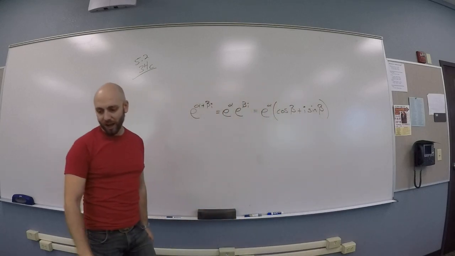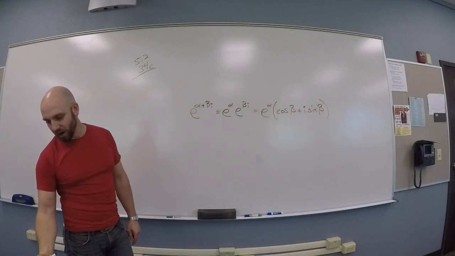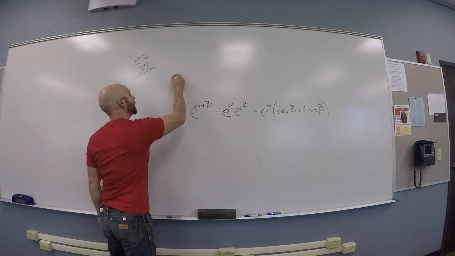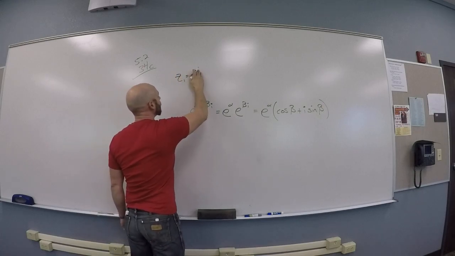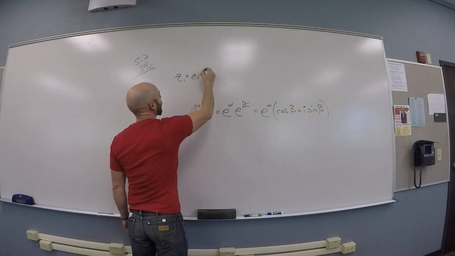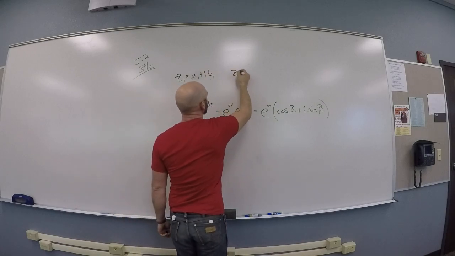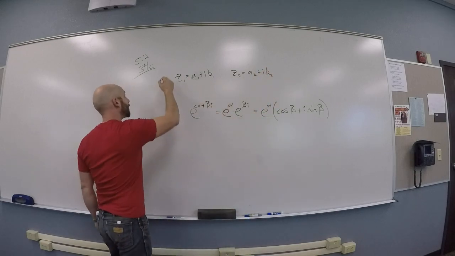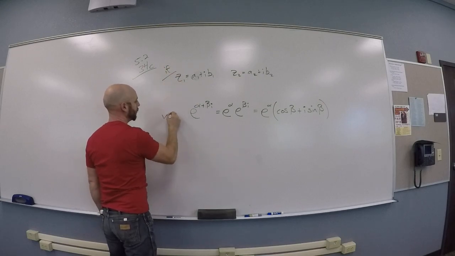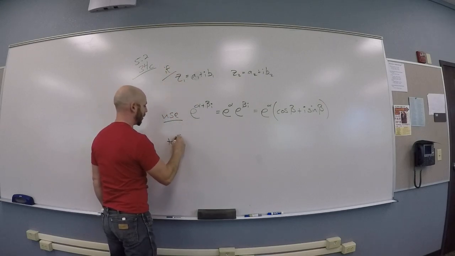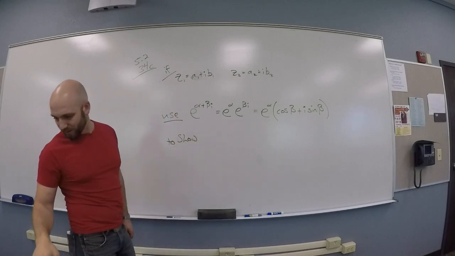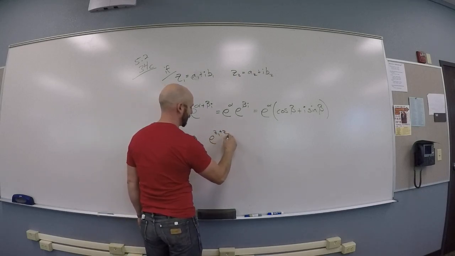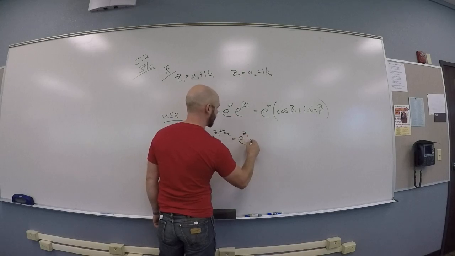Okay, and then they tell you, show that if z1 is a1 plus i b1, and z2 is a2 plus i b2, use this to show that e to the z1 plus z2 is e to the z1 times e to the z2.